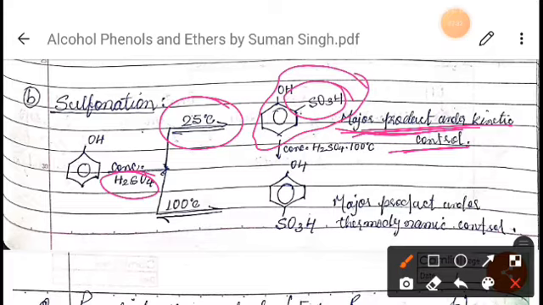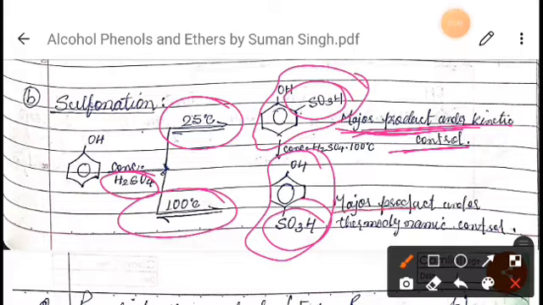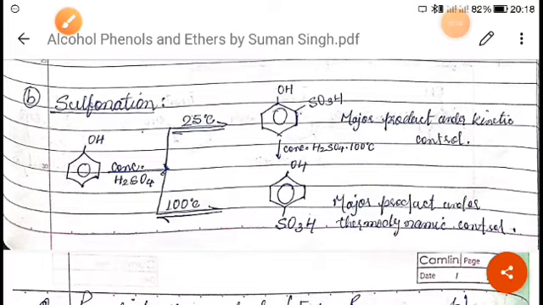And when we are using a high temperature like 100 degrees Celsius, our major product will be at the para position. SO3H will attack the para position, okay, and the major product will be under thermodynamic control. So I hope you have understood what sulfonation is, okay.